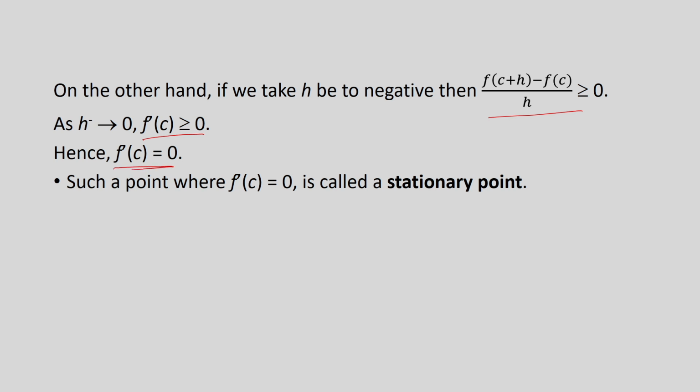So, our proof is done: if we have a maximum or minimum of a function at a particular point, and if the derivative is defined, then f dash of C is equal to 0. Such a point is called a stationary point.